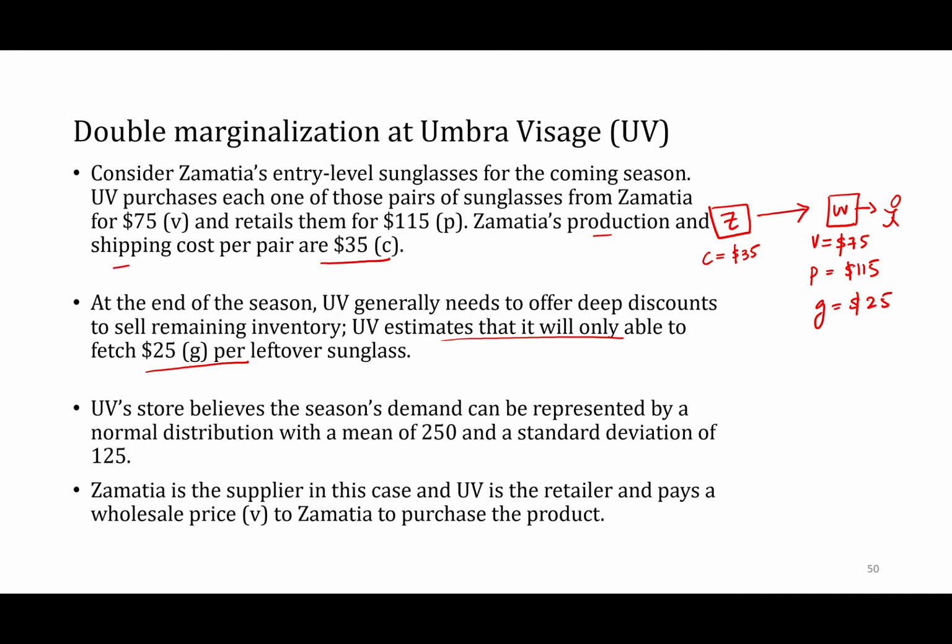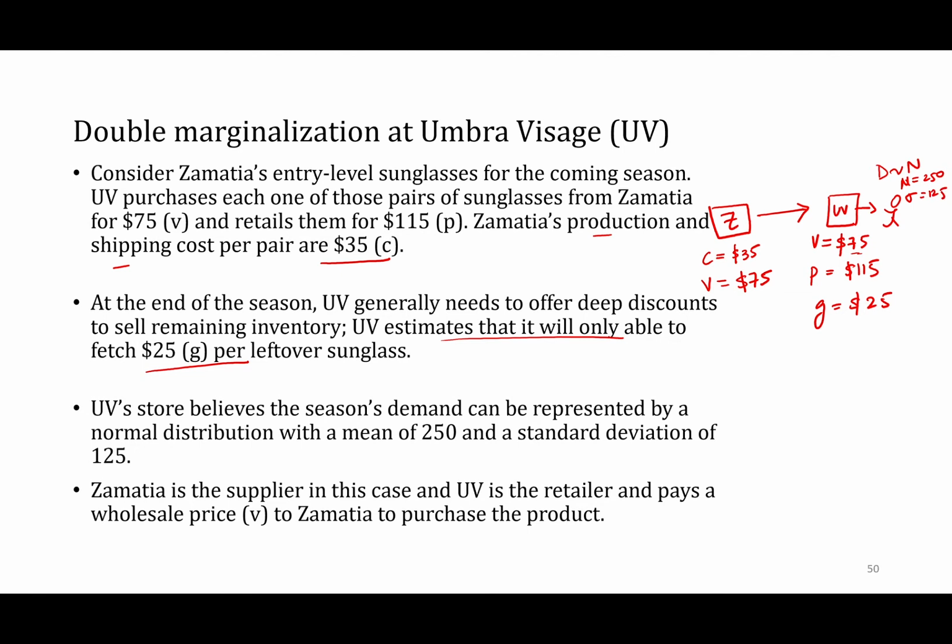And then what is their selling price? The selling price for Zematia is this price, the $75. And then the end customer has a demand which is normal, and the mean is equal to 250, and the standard deviation is 125.